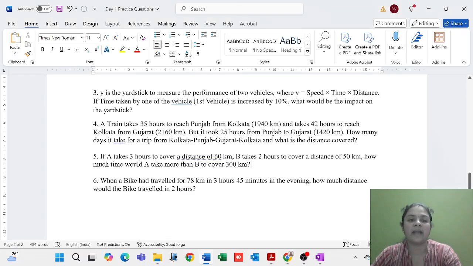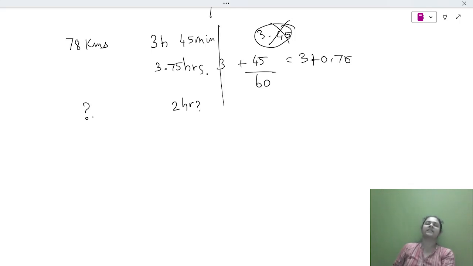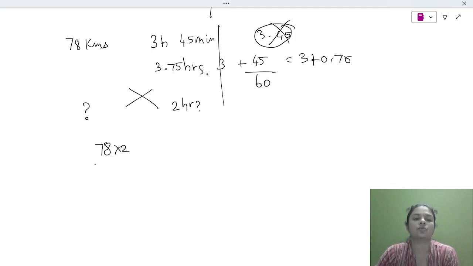Okay. And how much is the distance travelled in 2 hours? So for 2 hours, what is the distance? Remember, distance and time are directly proportional to each other. So do a cross multiplication. So answer will be 78 into 2 divided by 3.75.